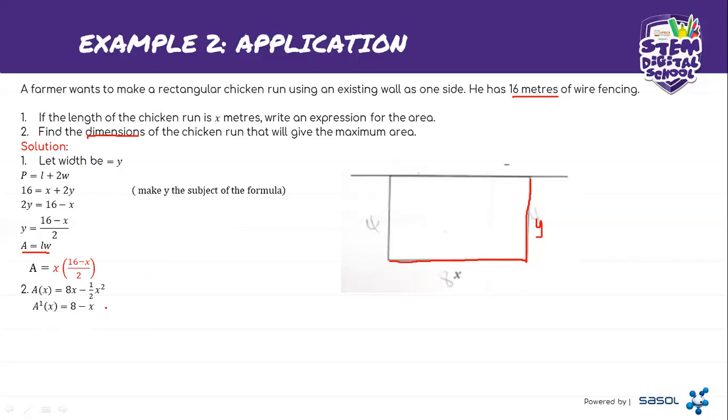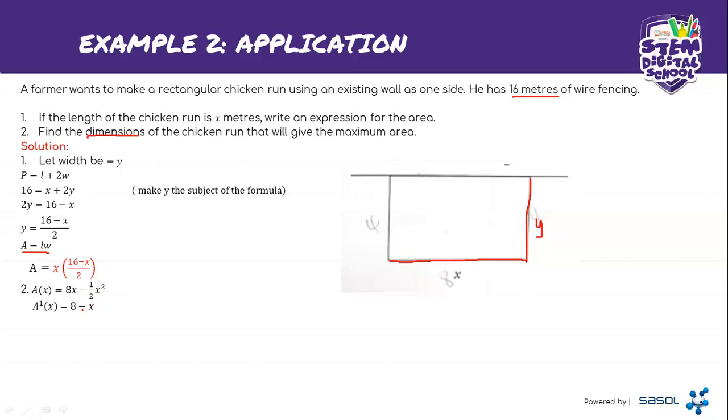The second step, then we're just going to apply the rules of differentiation. Now we can see that before we had 8x, now it's become 8. And then in this case, if you drop this 2 to this side and you multiply 2 by this minus half, then you're going to have minus 1. Then x squared, this exponent 2 you're going to minus 1, then you're going to be left with exponent 1.